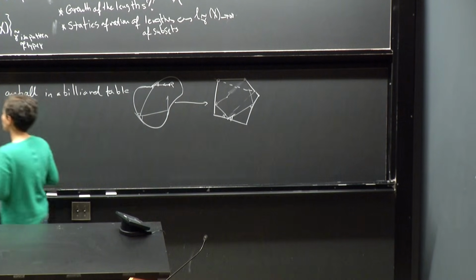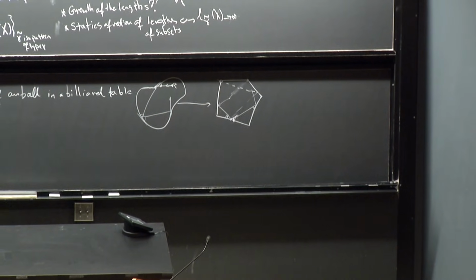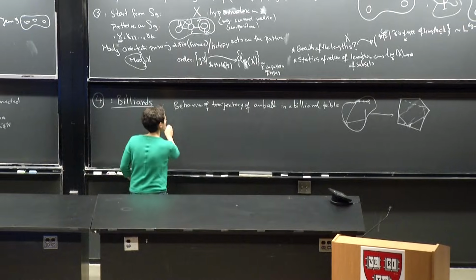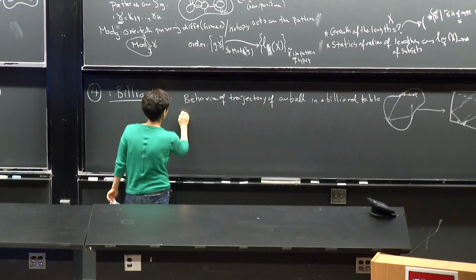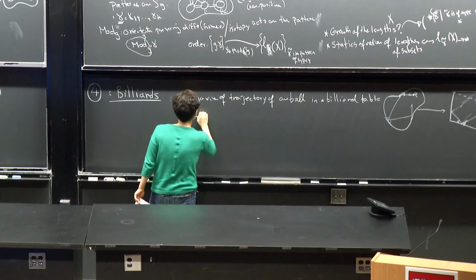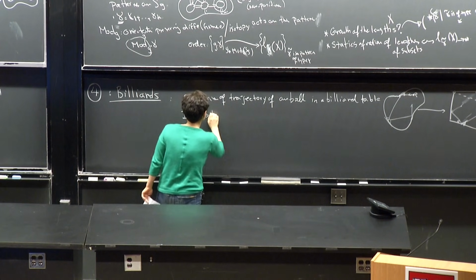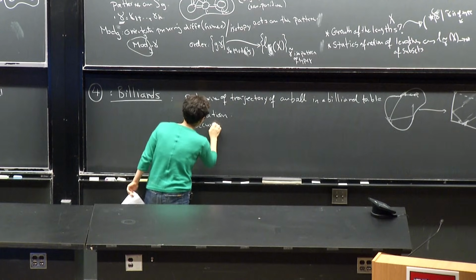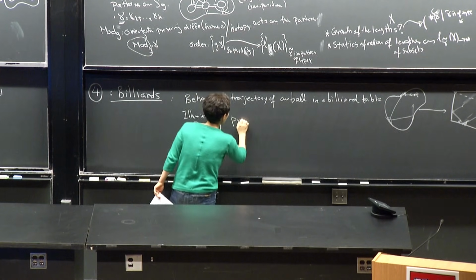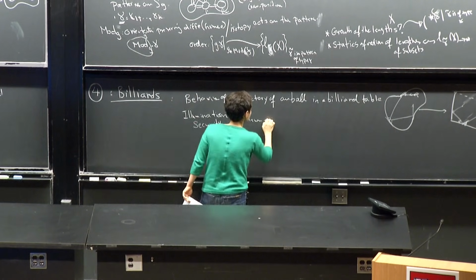So another problem which is related to this, maybe I want to mention two other problems and then discuss the relations with the dynamics. It's called illumination and security problems on billiards.